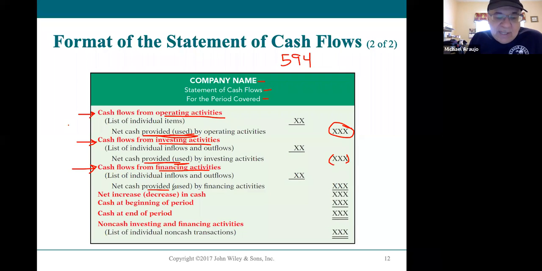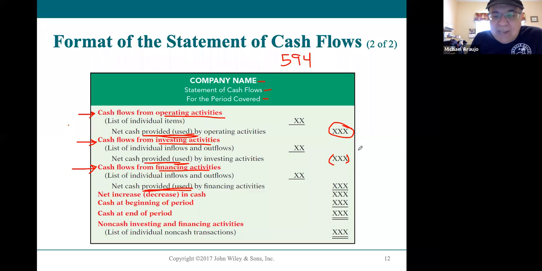Again, this is either going to be a positive number or a negative number. If it's positive, there was more money coming into the company from liabilities and equity. If it's negative, there's more money going out for liabilities. They're paying down debt or paying a lot to stockholders in dividends, et cetera.